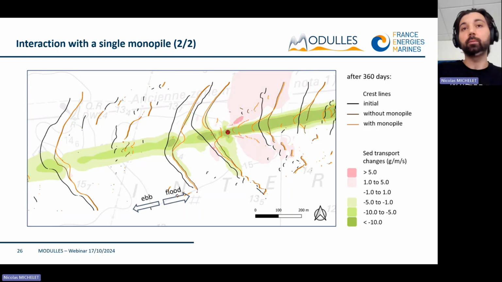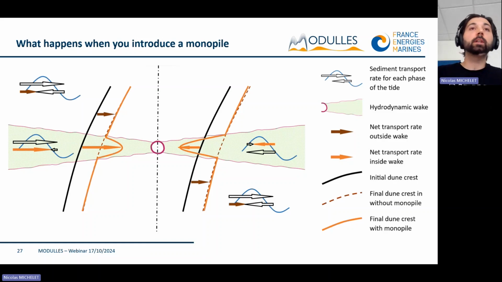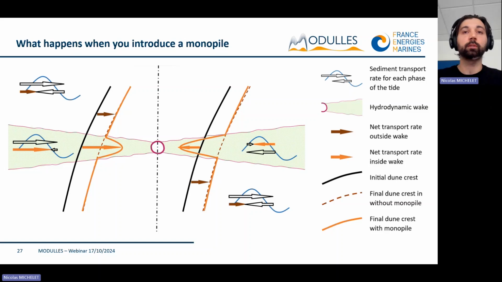To explain this process, we can look at this schema to understand what happened. If we look at the right side here, when we do not have any monopile, there is an eastward sediment transport, and the initial crest line in black here will be positioned here, represented by the brown dash line after 1 year.